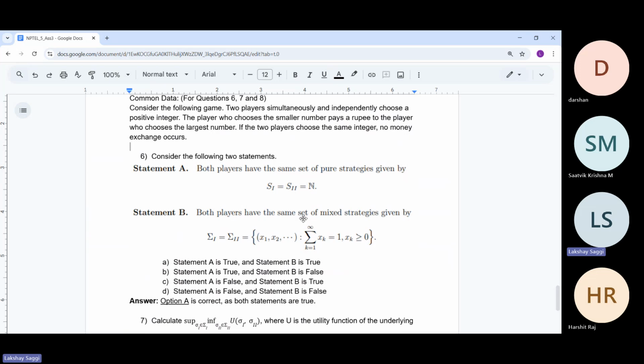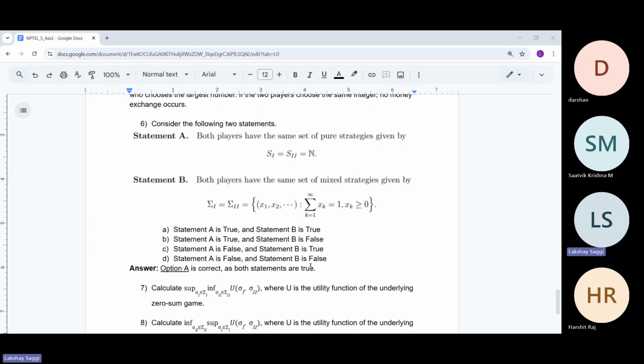The sum of these xk's from 1 to infinity should be equal to 1, and since probabilities are always non-negative, xk should all be greater than or equal to 0. This will be the same strategy set for both the players. Yes, so good job, guys. Option A is correct here.